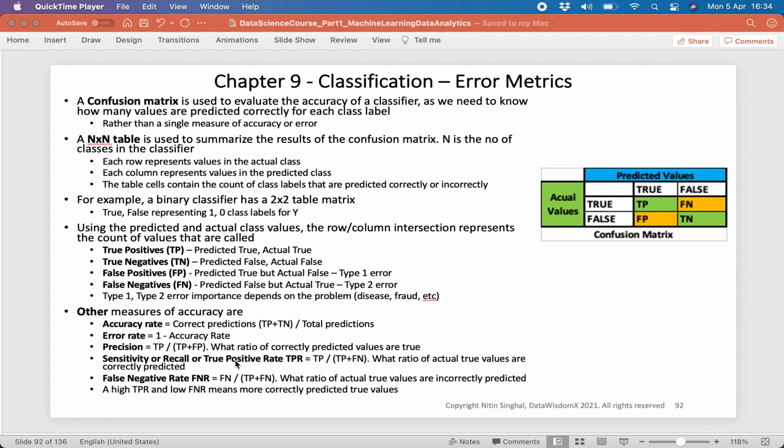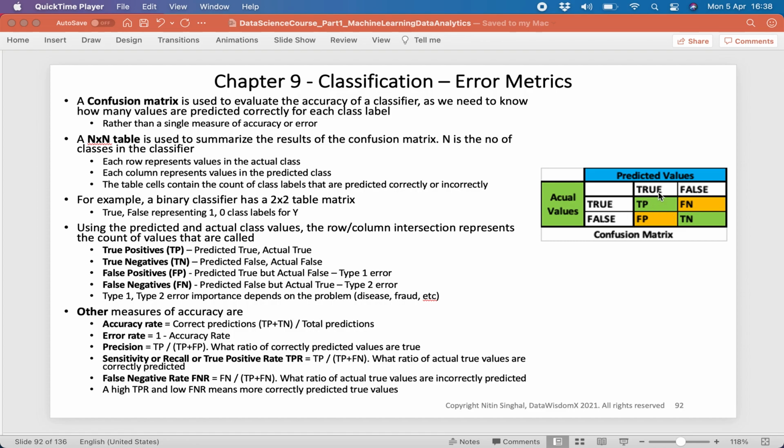Now you have two terms here, true positive rate and false negative rate. They are both related, and true positive rate is also called sensitivity or recall. So true positive rate, or TPR, is your true positives divided by true positives plus false negatives. If you look at the rows and the actual values, the true row, that's the category true, that is 1.